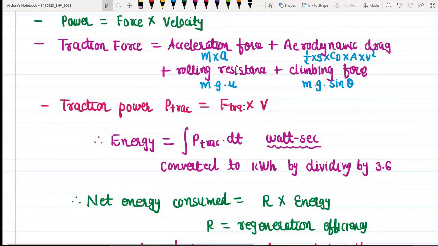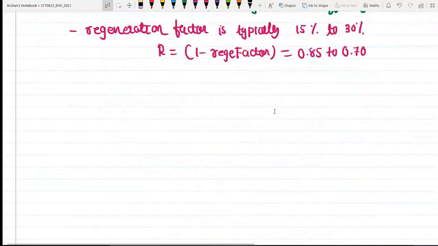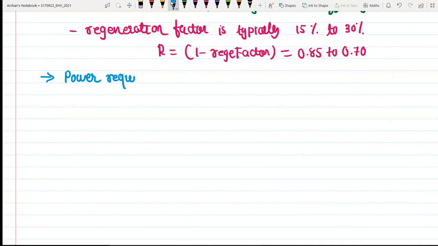This is my traction power, which is a function of velocity. So this equation can now be used to calculate the power required to climb also. So let us talk about the power required to climb.